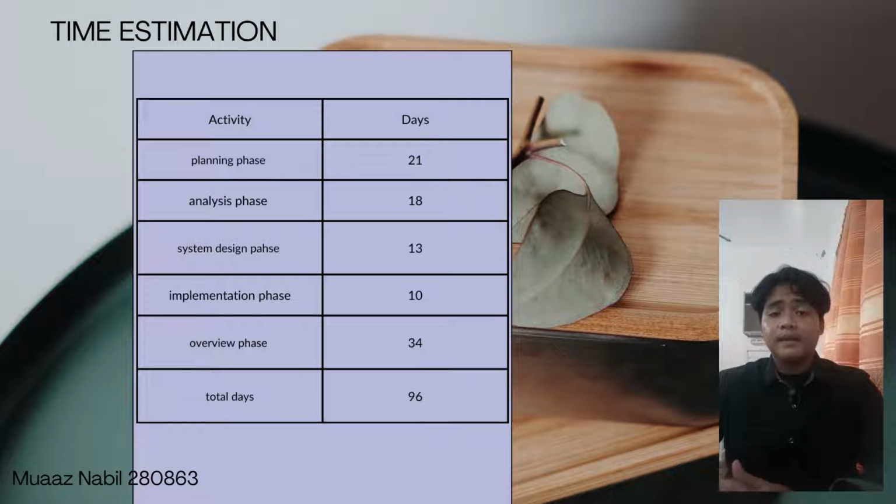The time estimation of the project is 96 days, which consists of 5 phases: planning phase, analysis phase, system design phase, implementation phase, and also the overview phase.